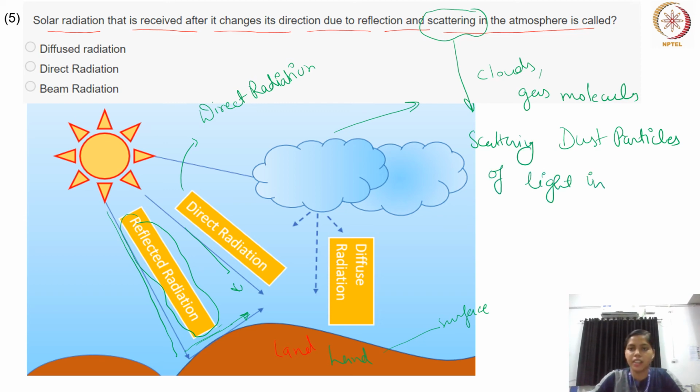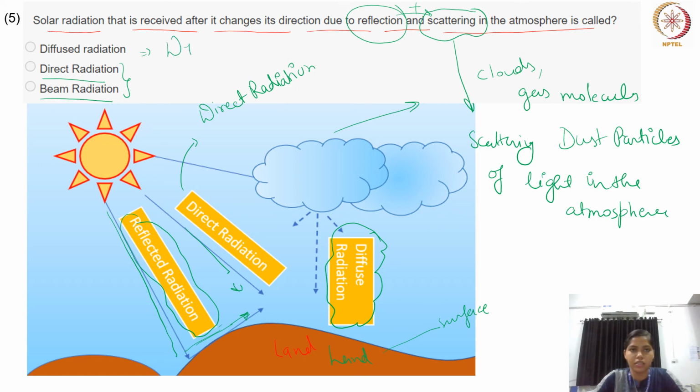After facing all this, the radiation that comes onto the surface of the earth will be my diffuse radiation. We can call it beam radiation and direct radiation are the same thing, and the radiation received after the reflection and the scattering both is called diffuse radiation.